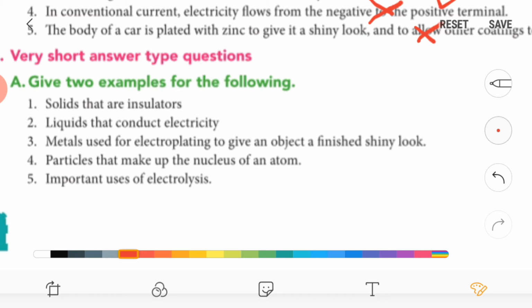Third one, metals used for electroplating to give an object a finished shiny look. So it is chromium and silver or gold. Write down any two.